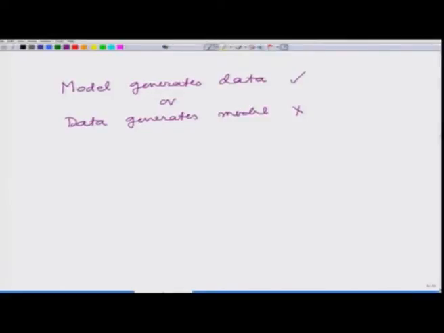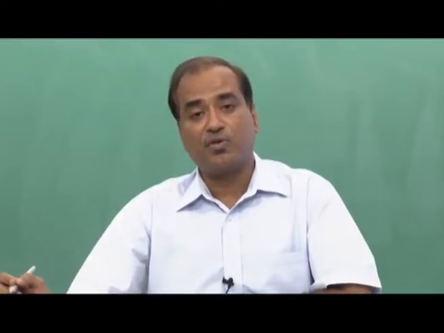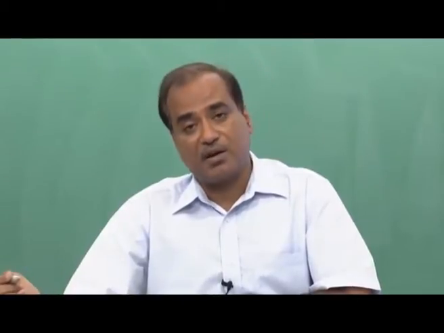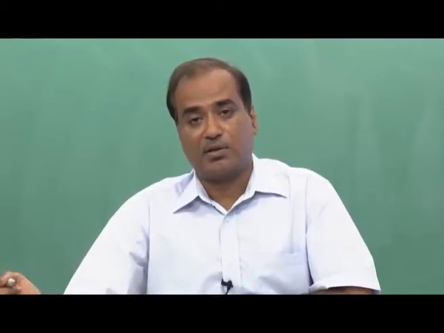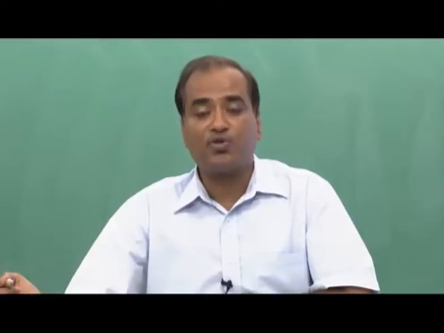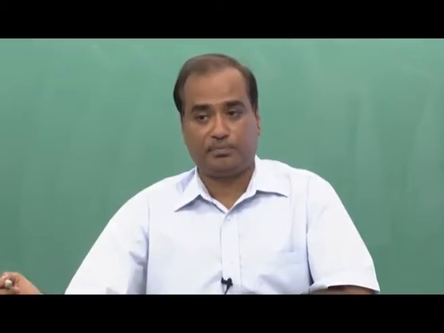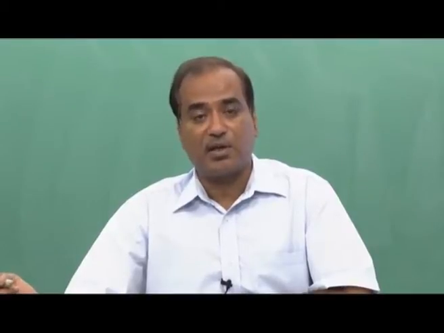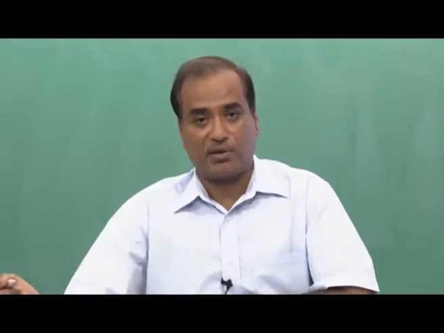But what is really happening? We want to know the parameters of a model. The parameters are unknown to us. So the question is, how should we know them? Once I know the parameters, then the entire model is completely known to us.